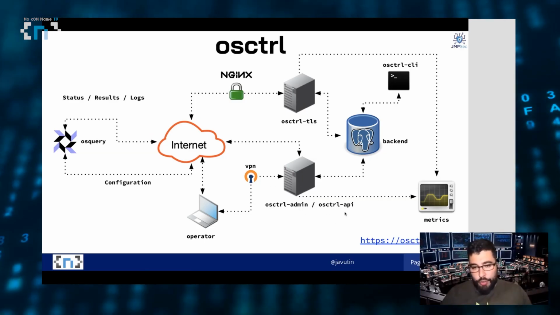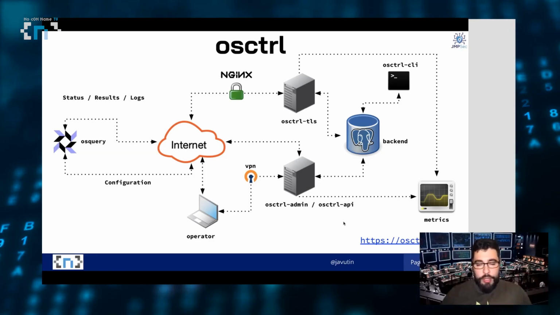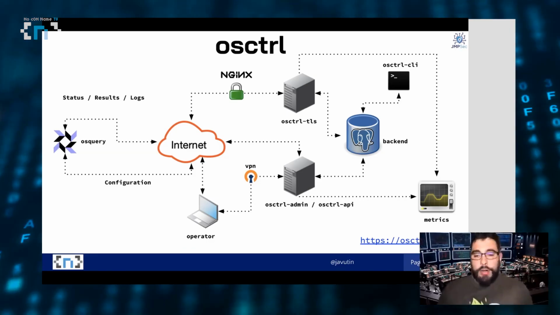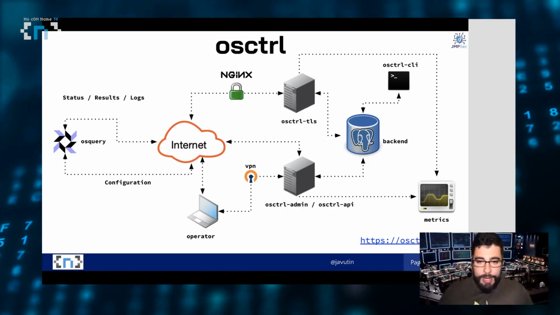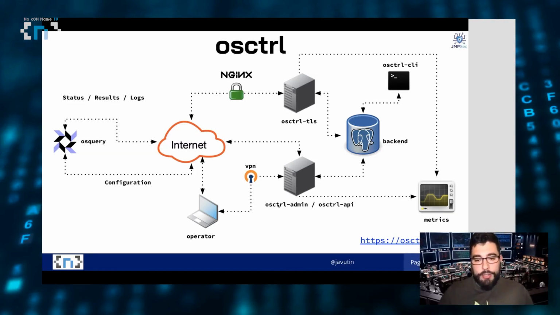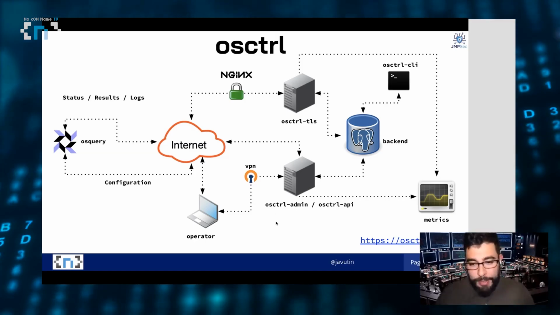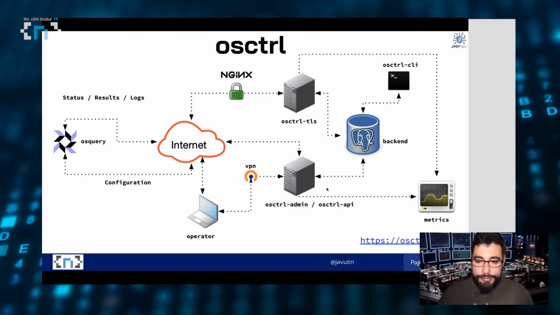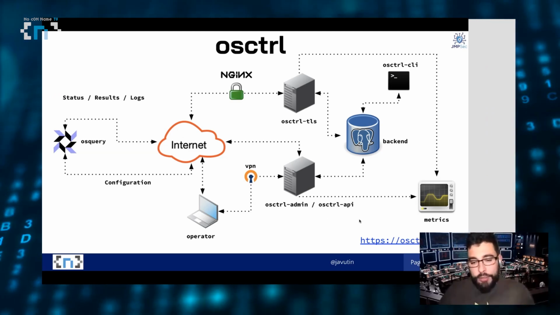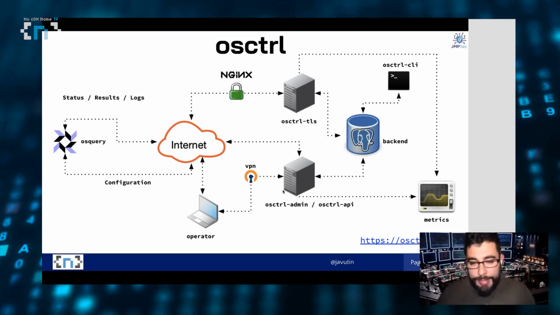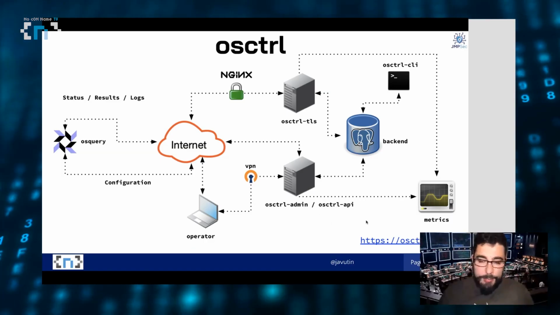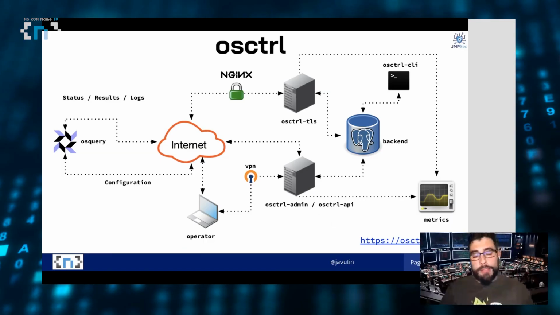The addition of the OS control API was done a couple of months ago, when I saw there was a need for an automated way to manage the information that the OS control TLS handles for the clients. I was using that with OS control admin, but then there was a need to have some sort of automation that doesn't have to be web necessarily, something that can be automated very well. And at the same time, other tools can be built on top of it.